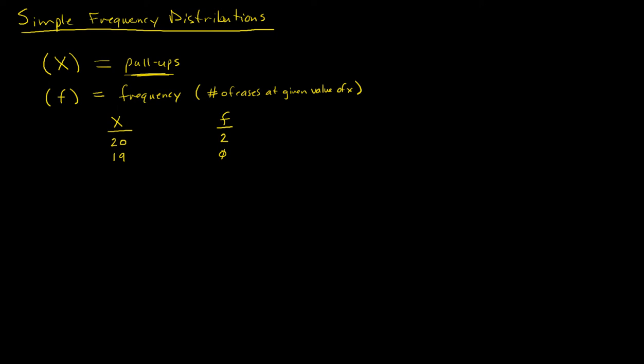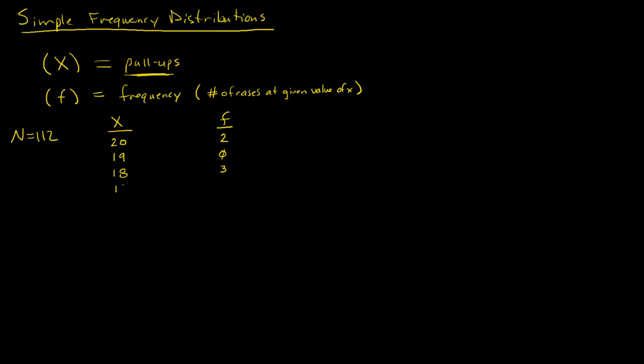Let me put over here that now we have, say, 112. Let's keep going with the example. How many were able to complete 18 pull-ups? Let's say 3 were able to complete 18 pull-ups.